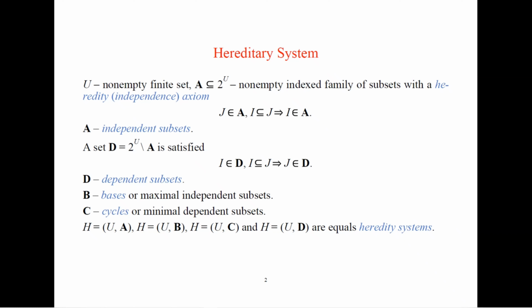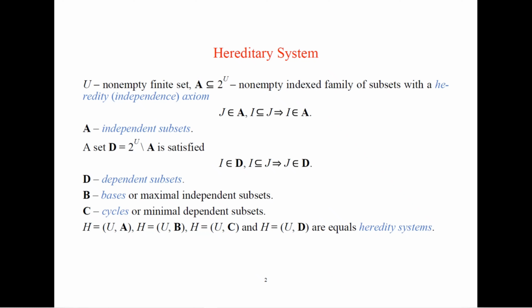And all other sets satisfy another axiom. We call it the upper hereditary axiom, which means that if some set is in D, then every superset of this set is also in D, and we call these subsets dependent sets.